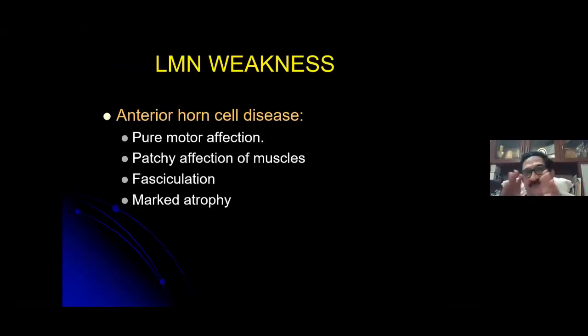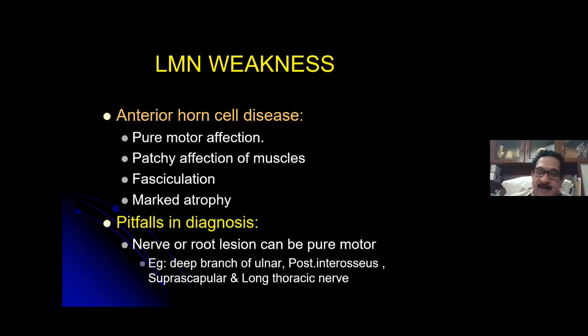Now, once you've decided it is an LMN paralysis, the features cannot conform to a nerve or a root. Some of the muscles, not all the muscles, of a nerve are affected. Such kind of fasciculation, but again, there are certain pitfalls.